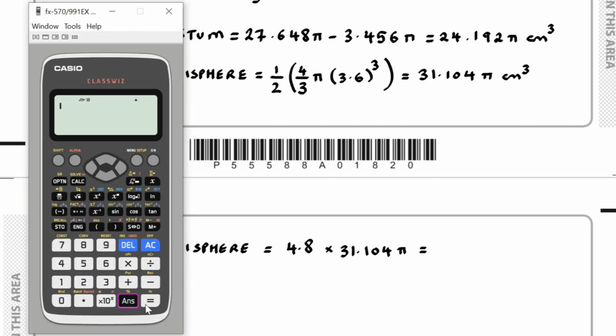So if I times 31.104 by 4.8, it turns out I get the mass being 149.2992 pi grams.